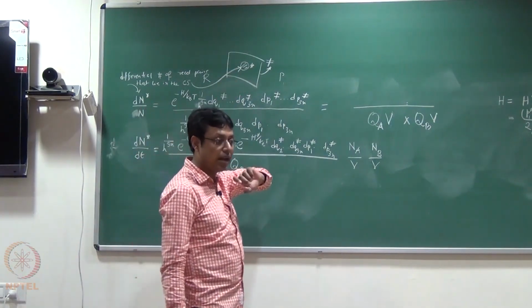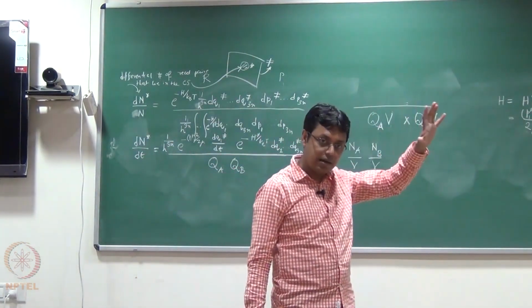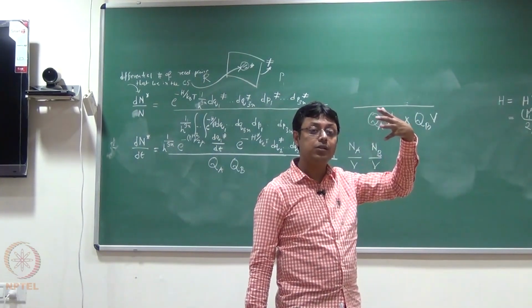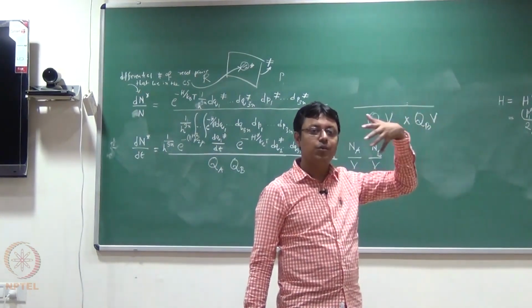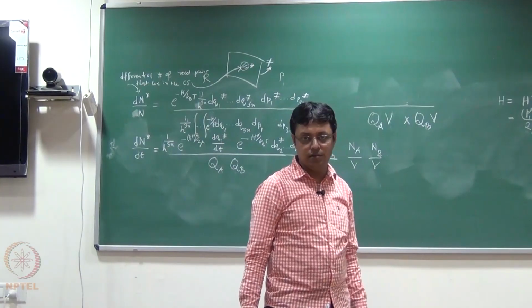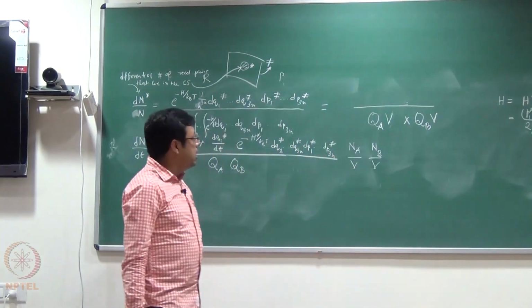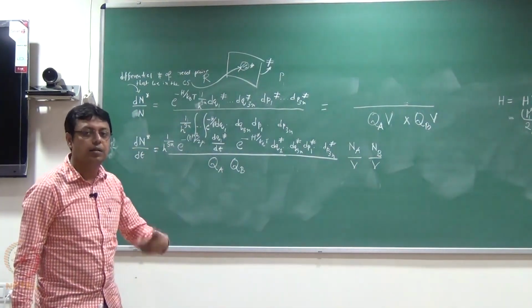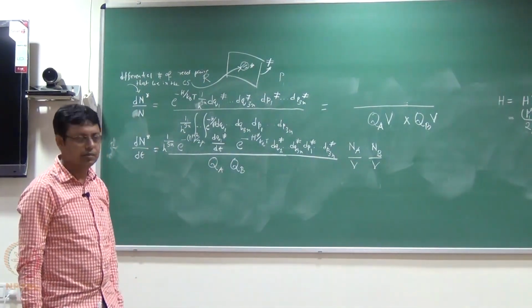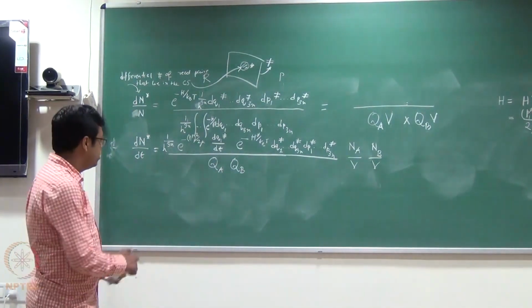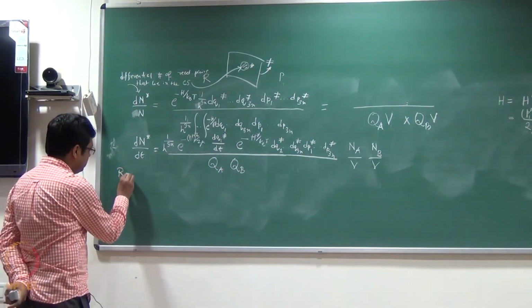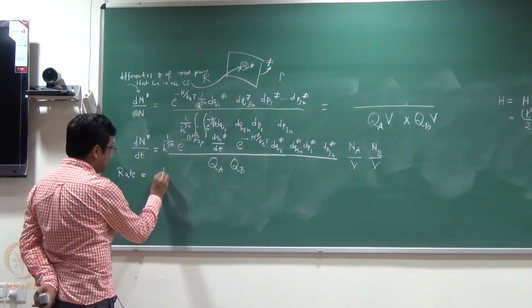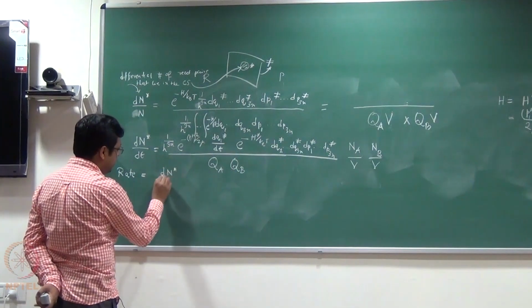But remember that the fraction of molecules lying on the critical surface is the probability of molecules that have the energy to cross the barrier. Second, I am calculating a rate, not a number, so it is how they change per unit time. That is why I have to take the time derivative. So the rate of the reaction should be nothing but this quantity.